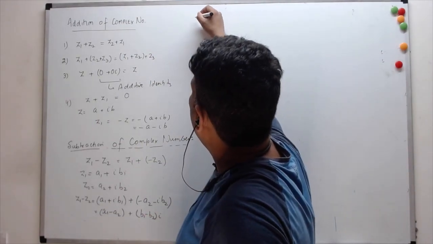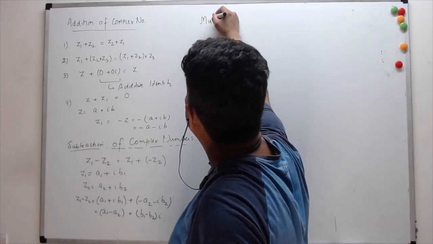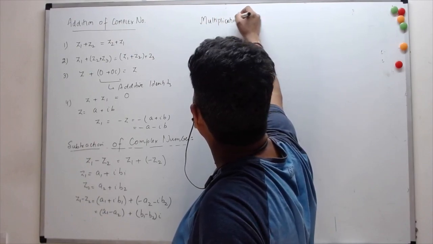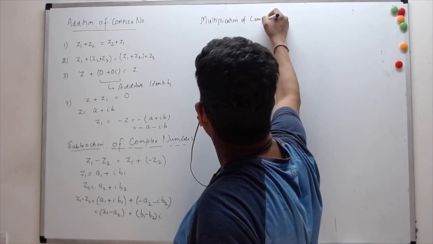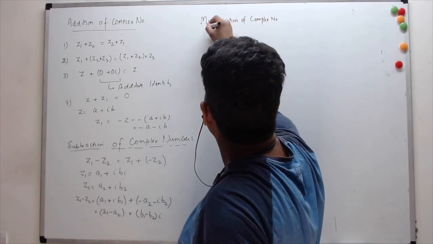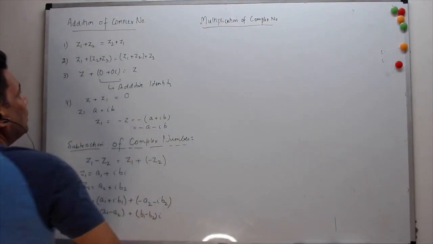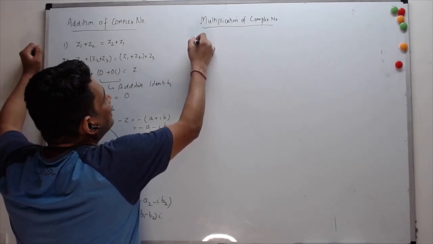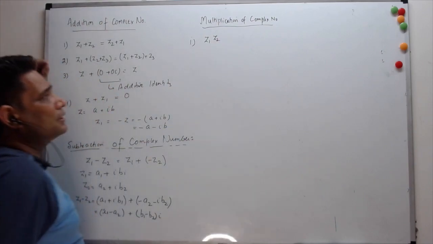Now coming to the next operation, which is multiplication. Say you decide to multiply z1 with z2.